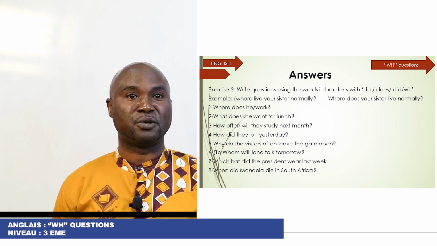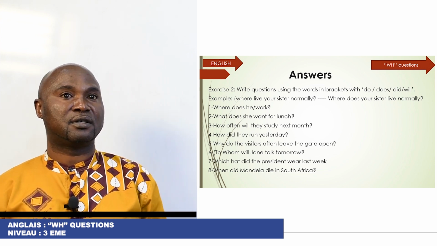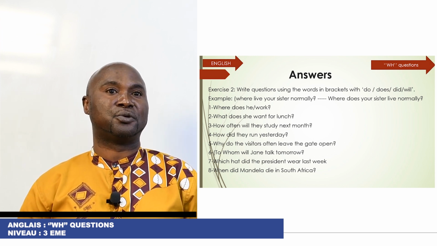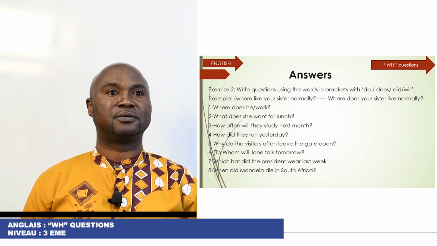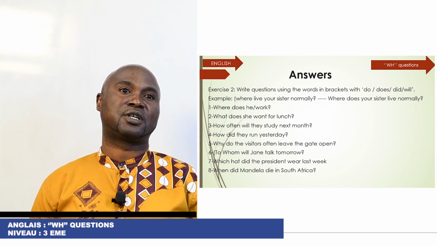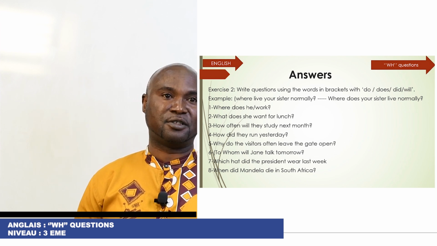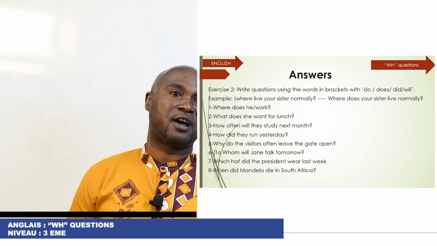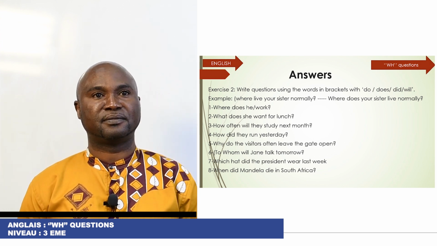How often will they study next month? How did they run yesterday? Why do the visitors often leave the gate open? To whom will Jane talk tomorrow? Which hat did the president wear last week? When did Mandela die in South Africa?